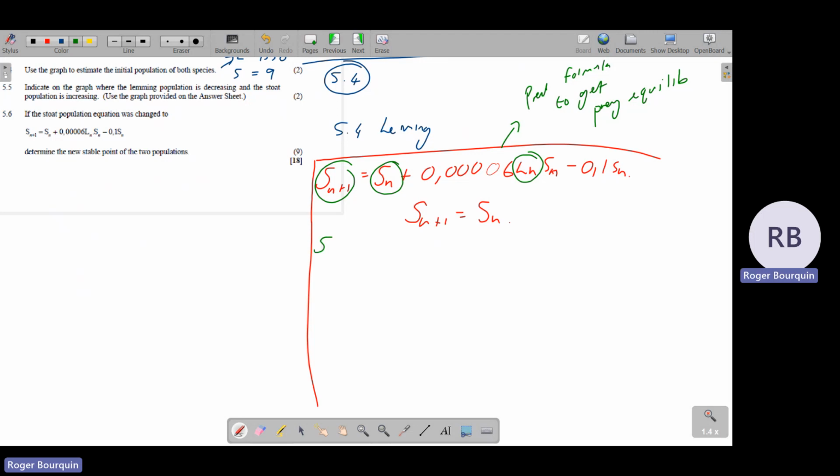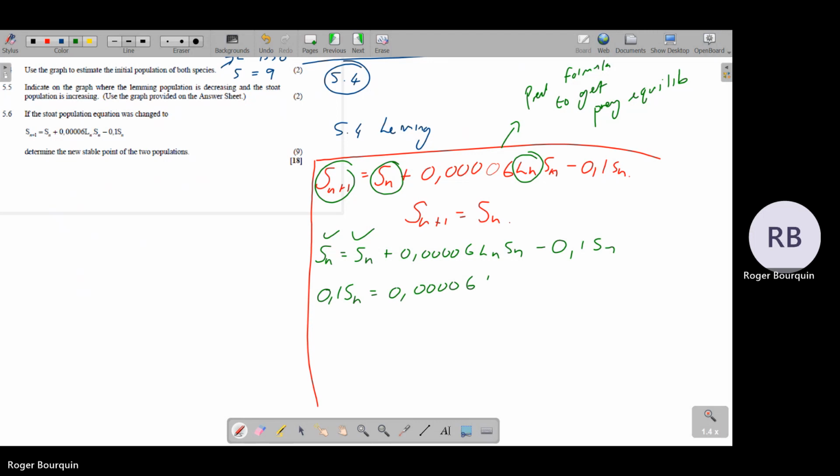So you're going to have, first of all, S(n+1) is Sn. So those will cancel. I'm going to move that to the other side. You happy up to that? Can I divide both sides now?